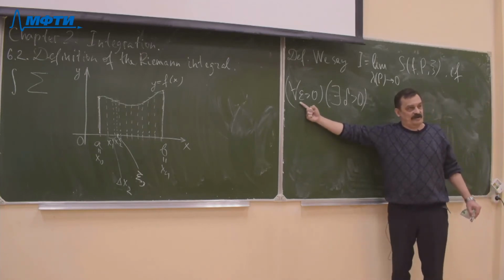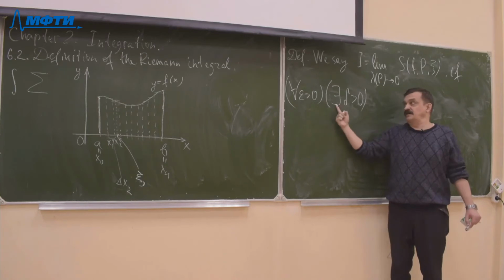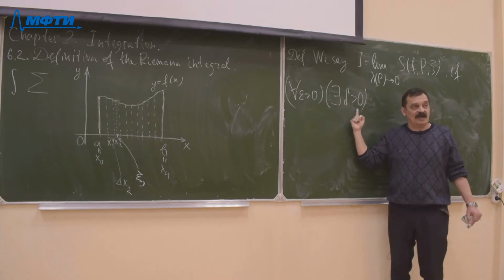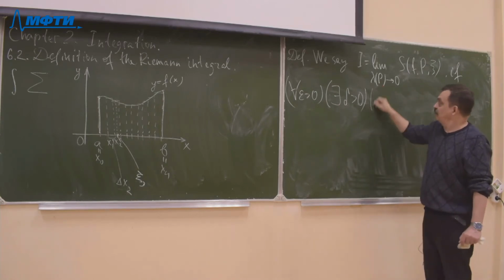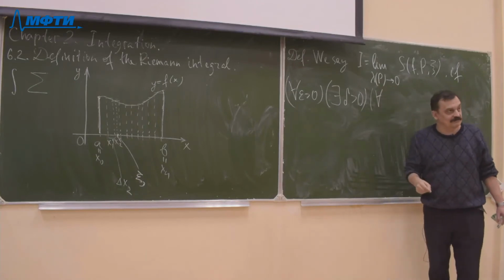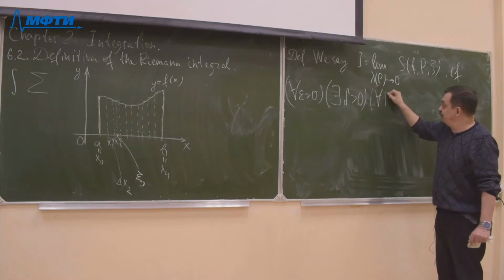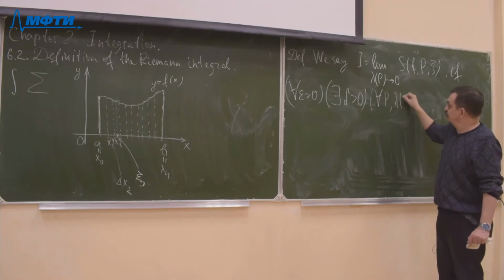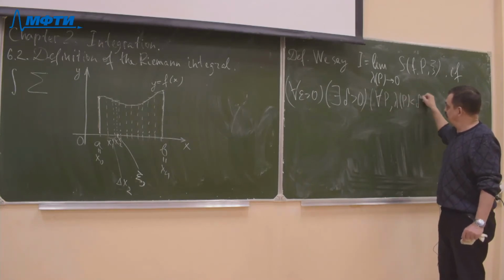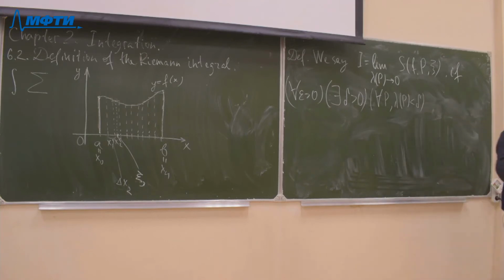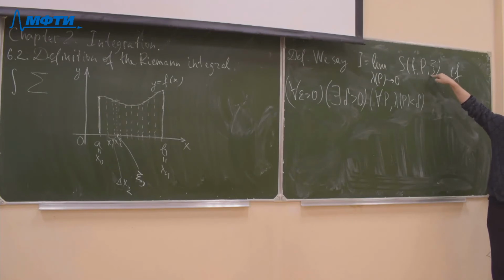For arbitrary epsilon greater than 0, there exists delta greater than 0, such that for every partition P with norm less than delta, but remember that the integral sum also has distinguished points inside, right?